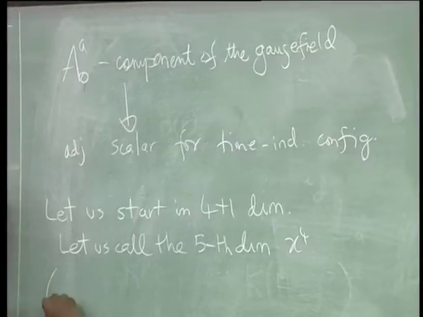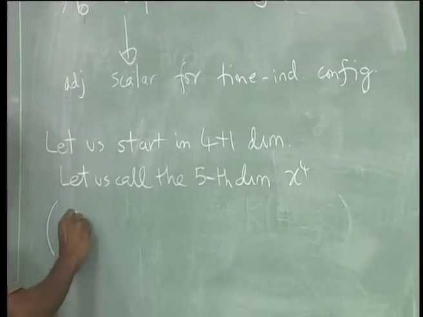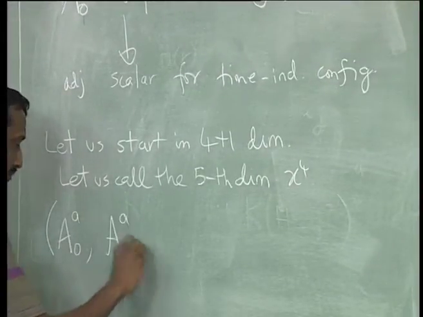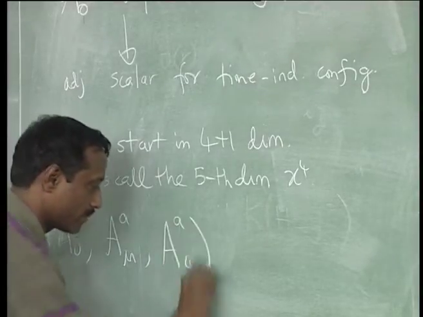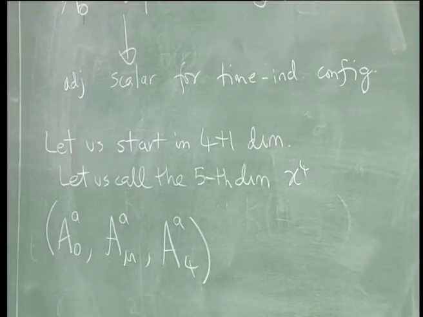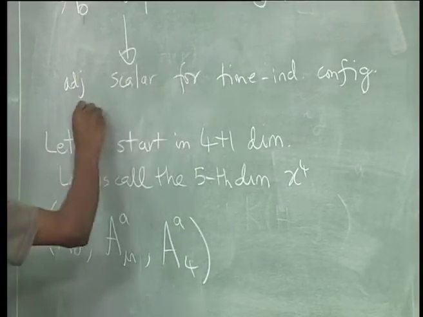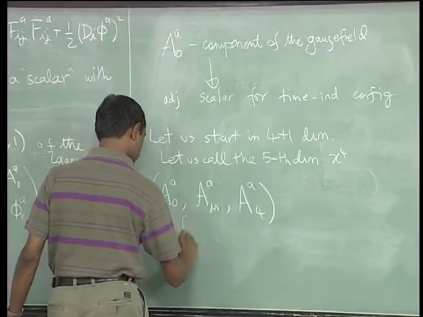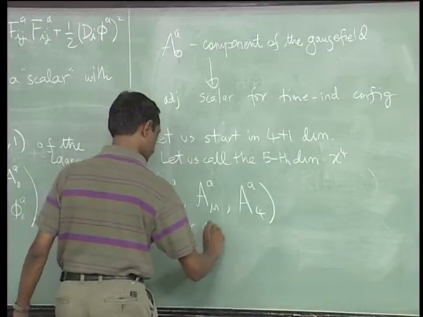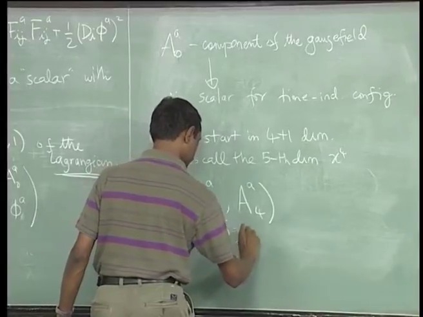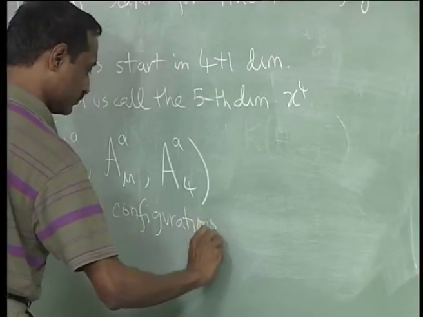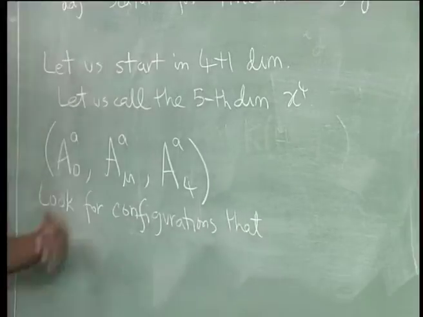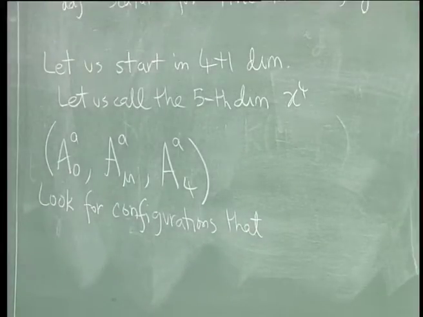So I would start out with a gauge field which would have been A0A, then the 3-dimensional components, plus there would be A4 of A. Okay. So now again, as we did here, I will say look for configurations, what would be the analog of time independent in this case? X4 independent.